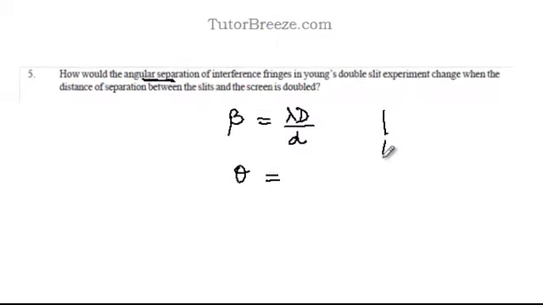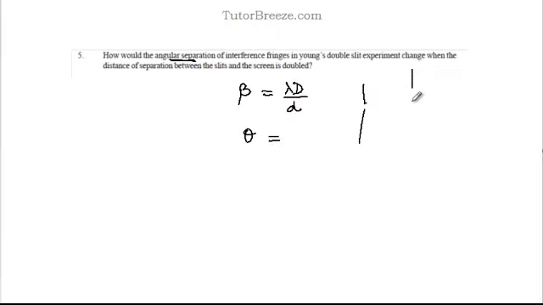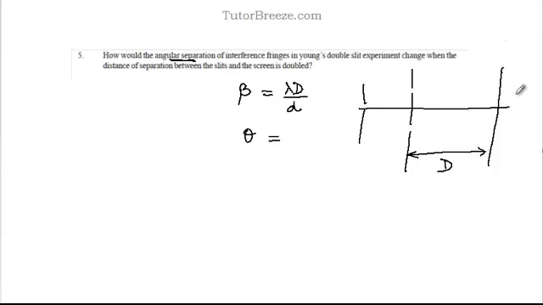See, you have a Young's double slit experiment. You have one slit, then you have two slits over here, and you have a screen, and this distance is capital D. Say I take one fringe over here and another fringe over here.